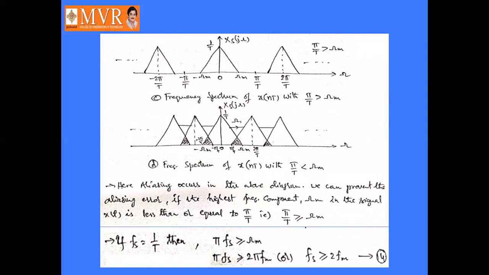If Fs is equal to 1 by T, then pi into Fs is greater than or equal to omega m, or pi Fs equal to 2 pi into Fm. Fs is greater than or equal to 2 Fm. Okay, that is equation number 14.